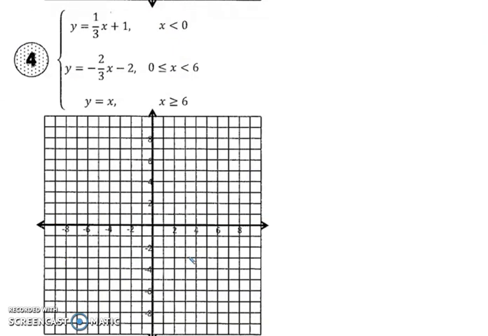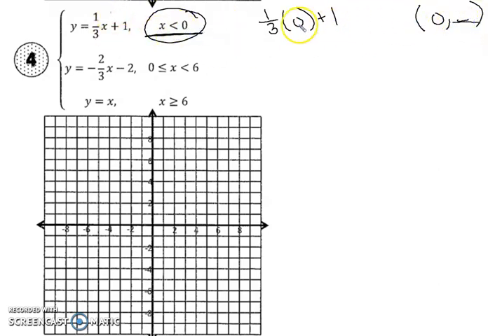All right, first one, I plug in x and 0. 1/3 times 0 plus 1. And I know my ordered pair is 0 comma something because I plugged in the 0. So 0 plus 1 is 1.